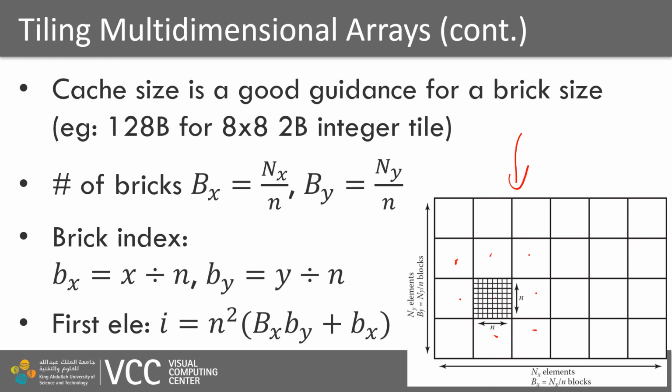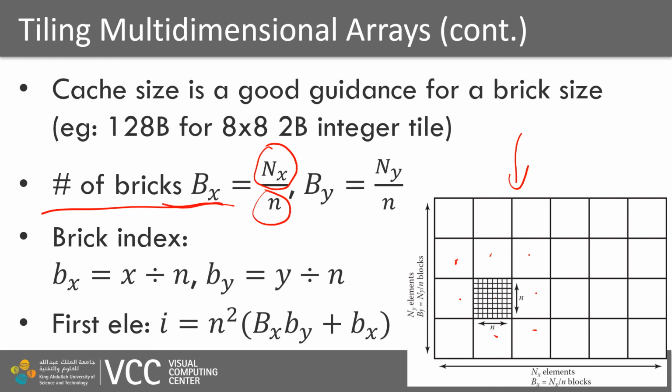And how can we compute, therefore, the number of bricks in 1 dimension, in the x dimension? So how many are there? Well, if we have our entire amount of elements in the row, and we divide it by 1 brick size, then we get the number of bricks in 1 dimension.